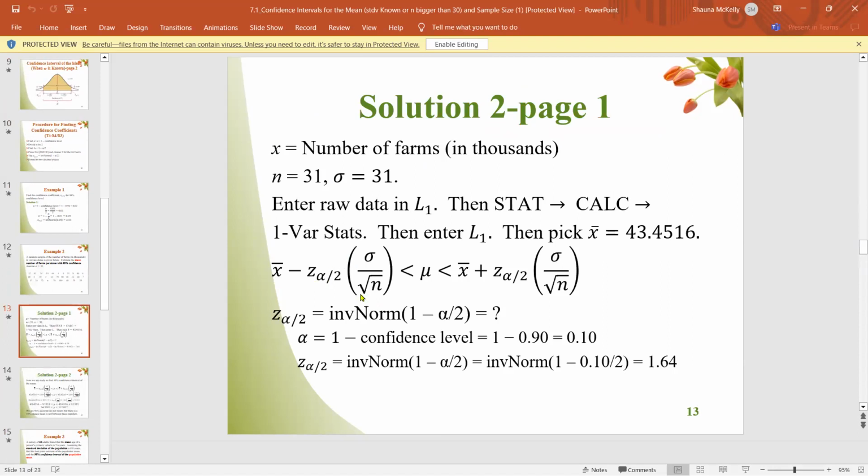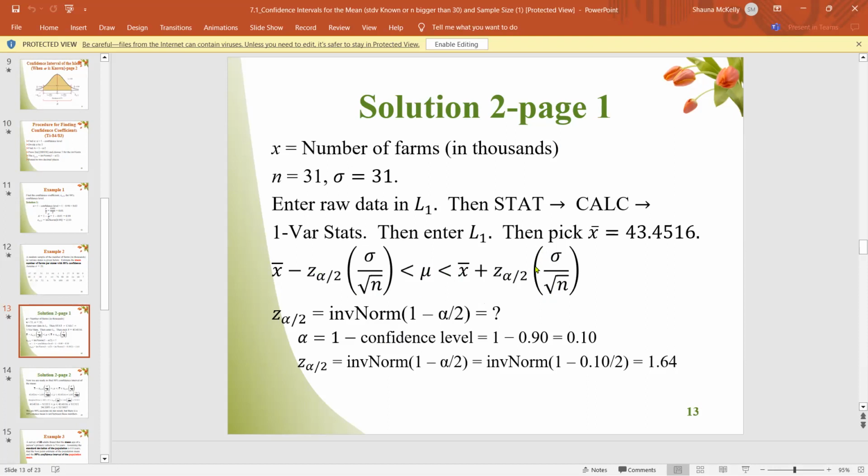Before you look at the formula and go, oh my goodness, this left half is the same as this right half, except that on the left side you're subtracting it, and on the right side you're adding it. You get the Z from your calculator, and then you divide sigma over square root of n.